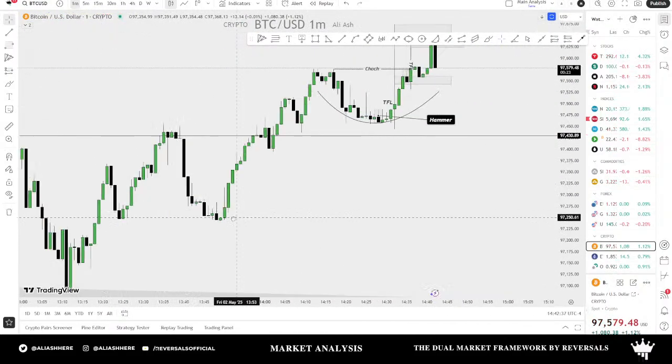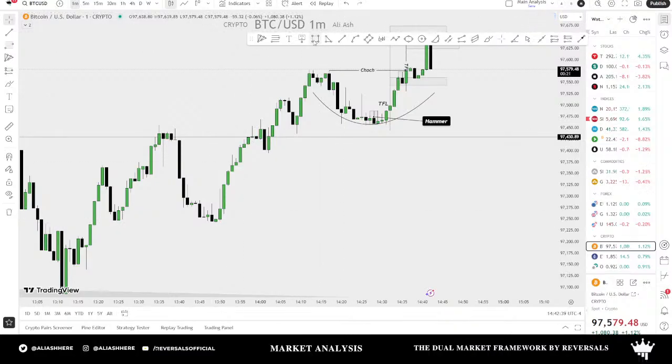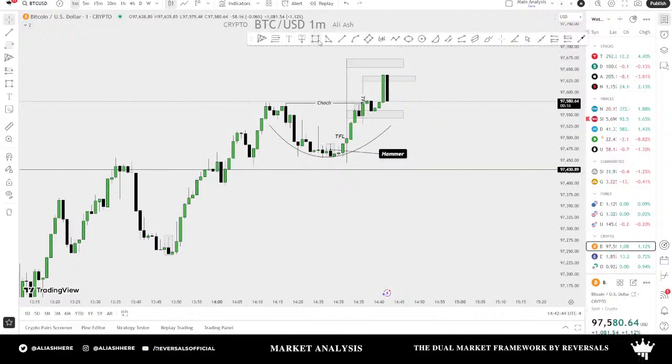See, the same hammer is doing the same job. This hammer, this hammer, and this hammer, because if you combine these candles, it will be the same hammer as this.